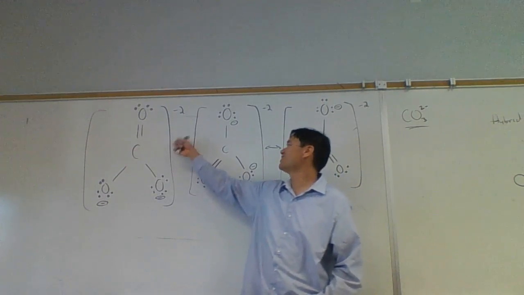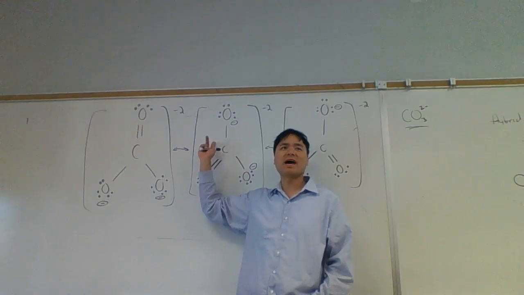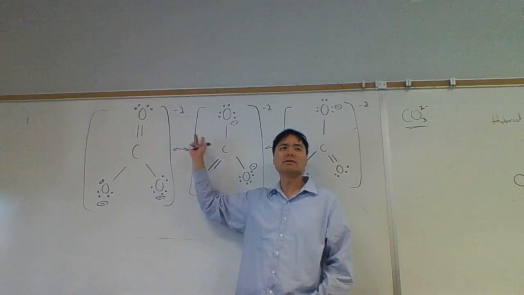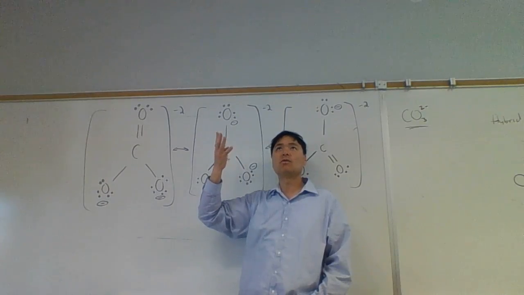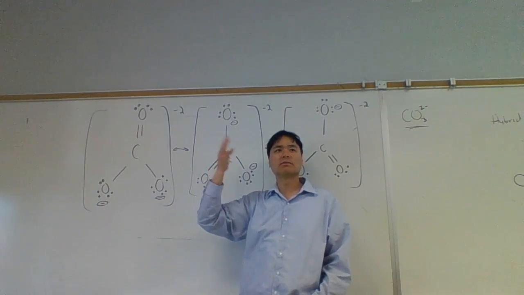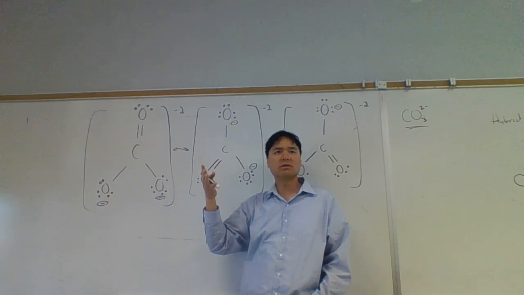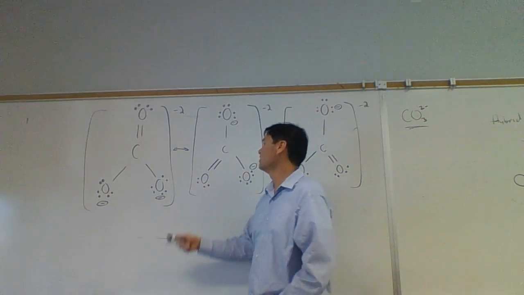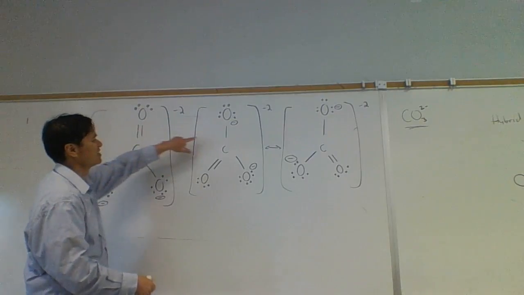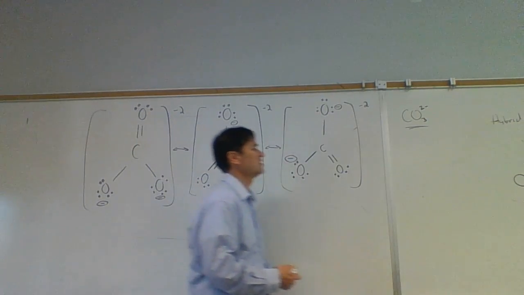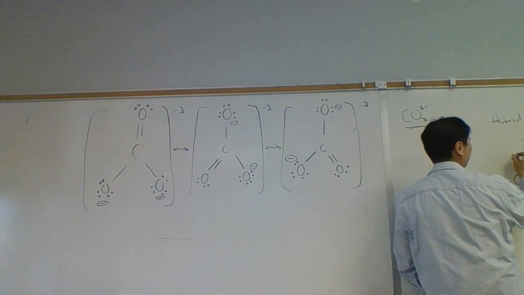If it's double, single, the average would be 1.5, 2 and 1. But this is 2 plus 1 plus 1 is 4 divided by 3. 4/3 is 1 1/3. And so what we'll do is we'll take that double and divide it amongst all 3. And so the top bond here is what we call a 1 1/3 bond.